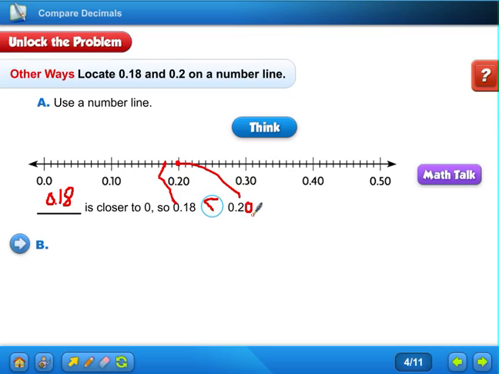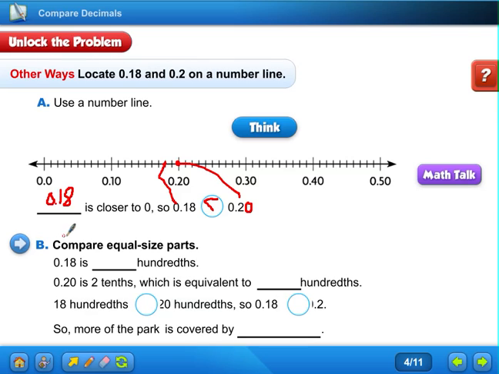2/10, or we could say 20 hundredths, is larger. 20 hundredths is 2/10, which is equivalent to 20 hundredths.